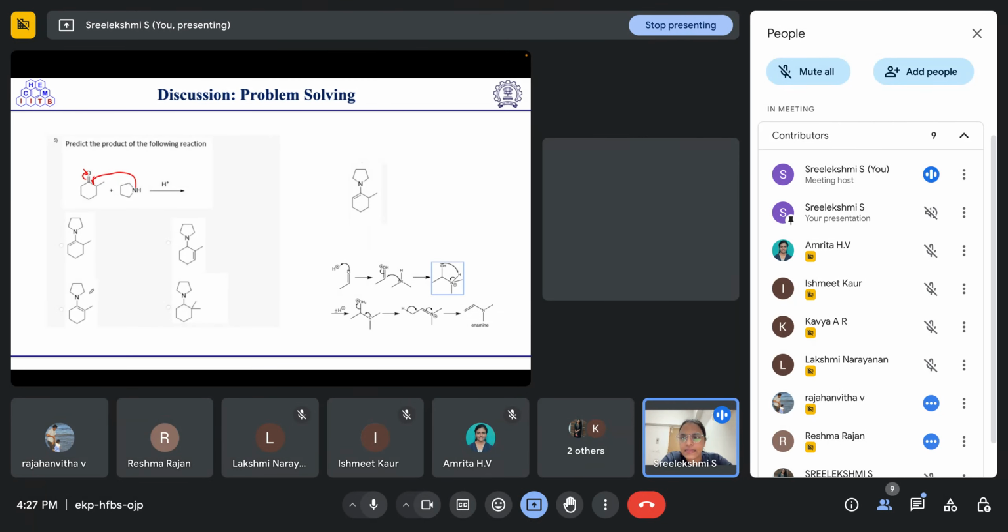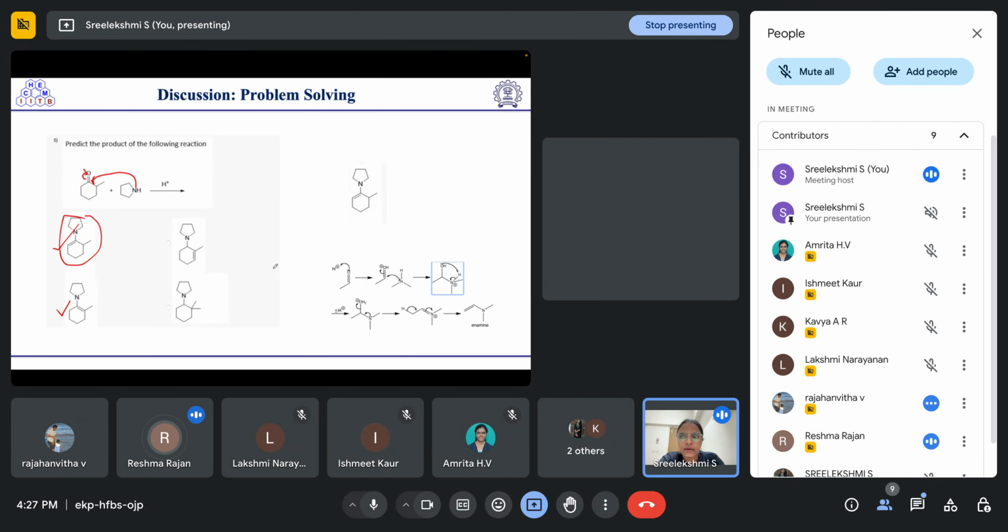Mostly we say that, but I also have a little confusion here, between A or C. When we check on Google regarding the Stork enamine form, mostly this is what it gives, but one of the professors said that substituted alkenes are more stable.